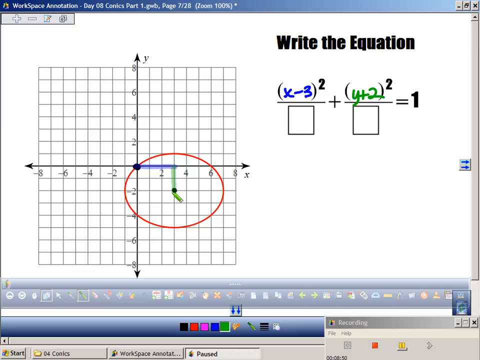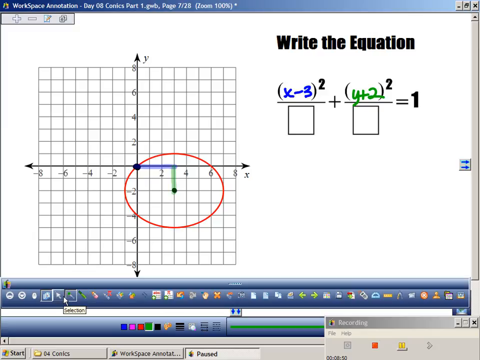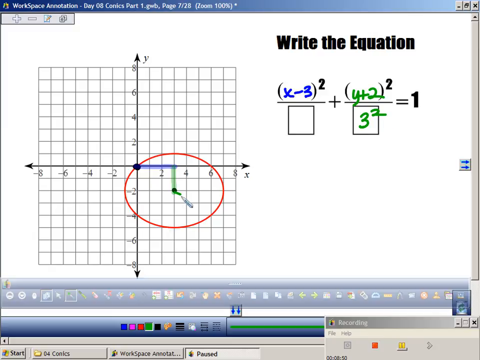What about Christina? What next? Another piece? You put 3 squared? 3 squared or 9. And so let's check, because this is 3, correct?